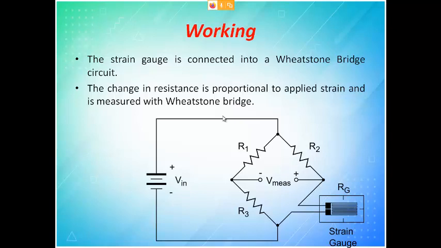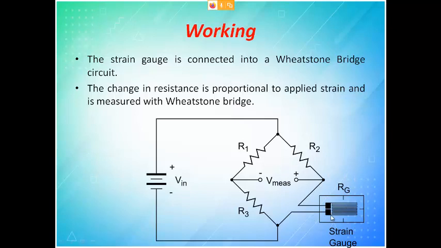Now what we do is, in that Wheatstone bridge I have removed the unknown resistance and connected a strain gauge. We all know the strain gauge is going to be used as a sensor. So depending upon the force acting on your strain gauge, the strain gauge will either compress or elongate. So now you can see here I have connected a strain gauge as R4, the resistance that changes due to the force which is acting.